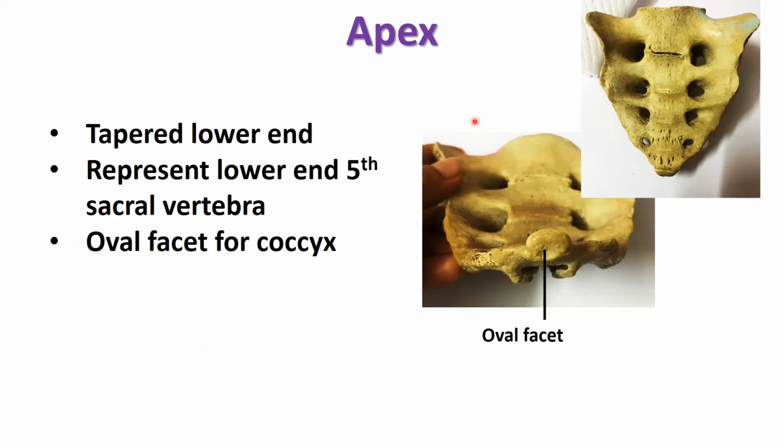The apex of the sacrum is formed by the lower surface of the fifth sacral vertebra. It has an oval facet which articulates with the coccyx and forms the sacrococcygeal joint.